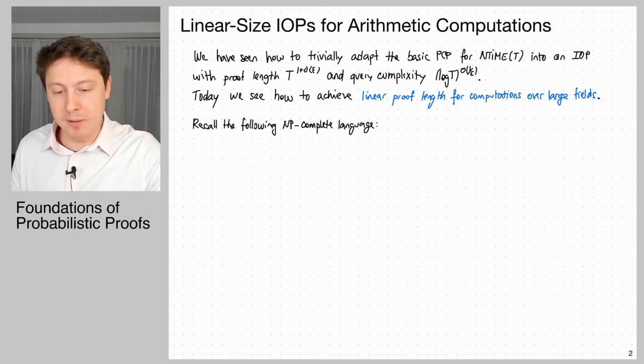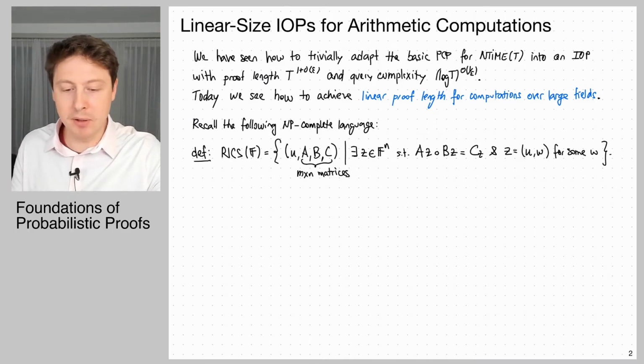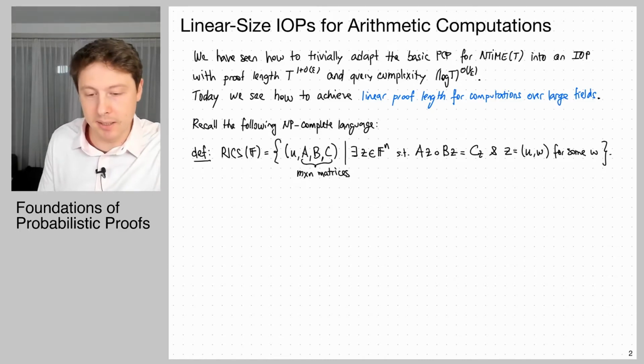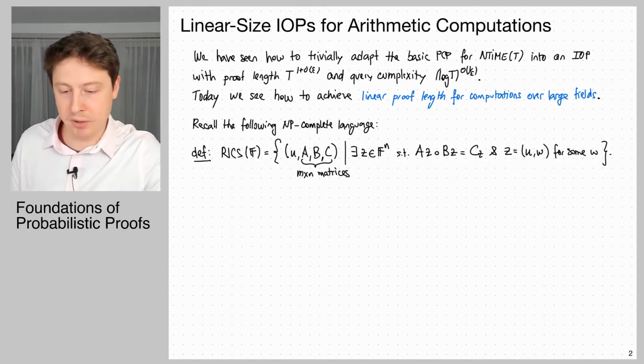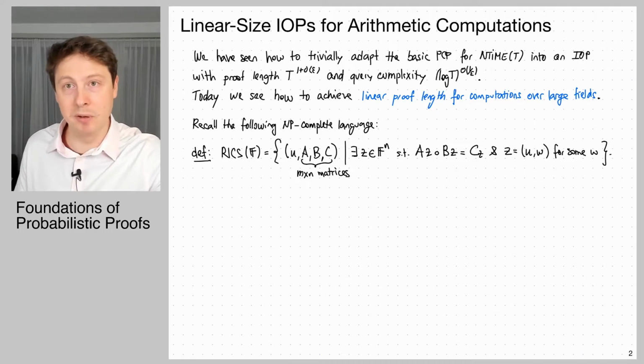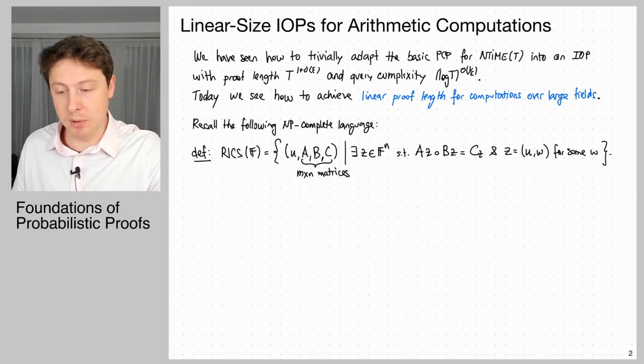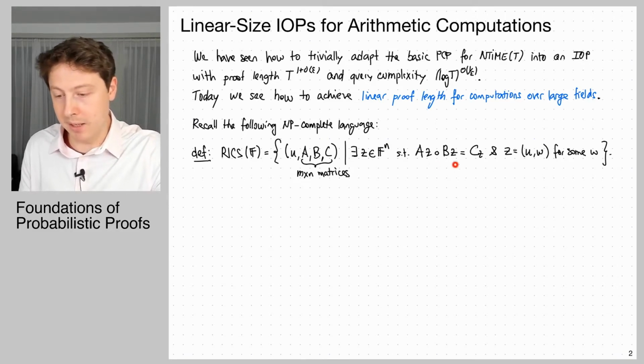So the goal for today will be to go back to some NP-complete language, an arithmetic one, and specifically we'll focus on rank 1 constraint satisfaction. We've seen this before once, when we discussed linear PCPs. We saw two constructions of a linear PCP. One was for quadratic equations, and one was for a restriction of quadratic equations given by these expressions.